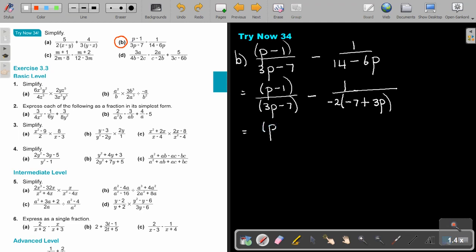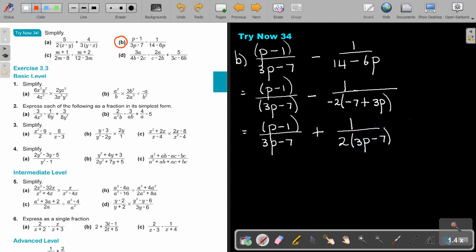So it's going to be P minus 1 over 3P minus 7. Now that negative and negative makes positive. So actually the sign just changed from a negative to a positive in front of the fraction. Then I just rearrange here, leave the 2. That sign is now already multiplied to become the positive, so don't write that negative. And then it's going to be 3P minus 7.